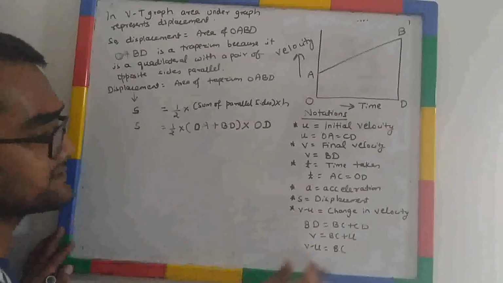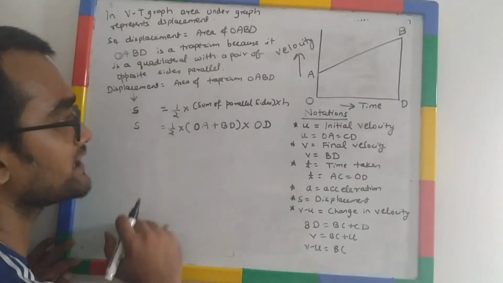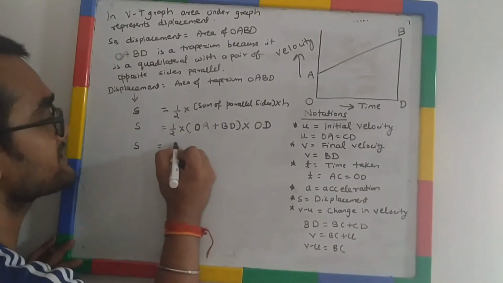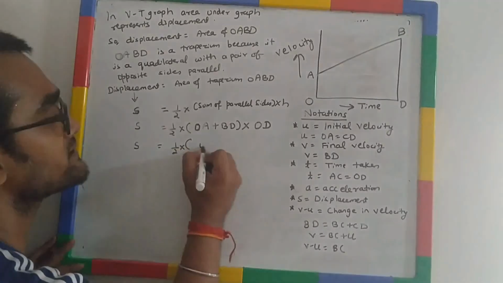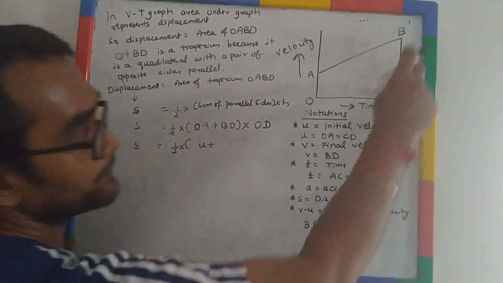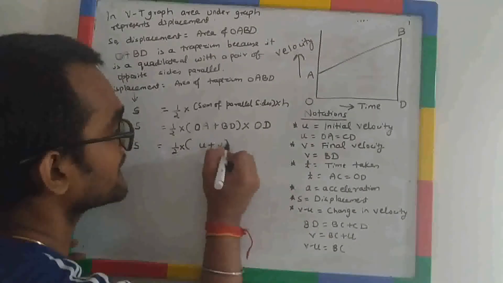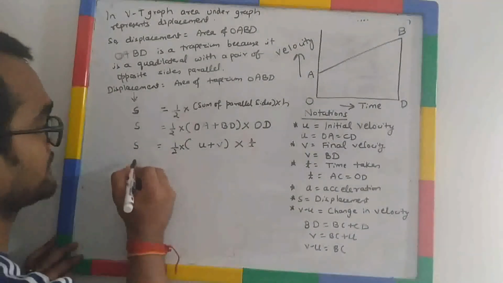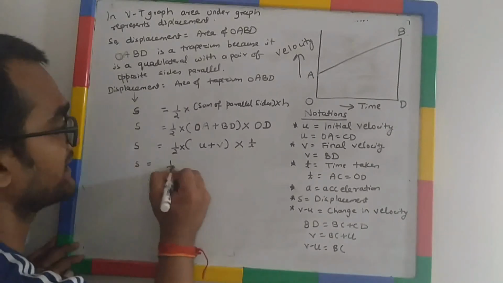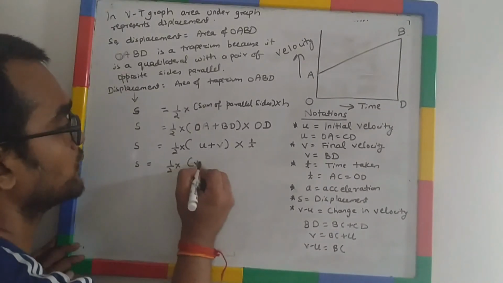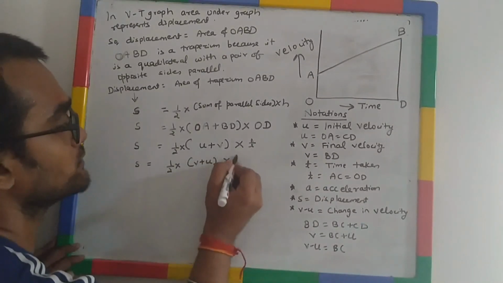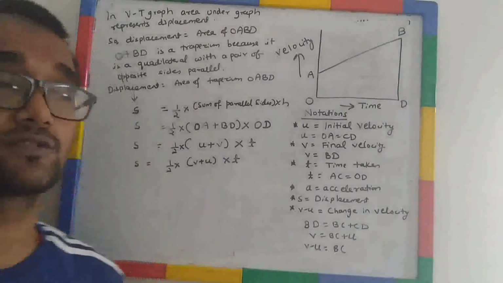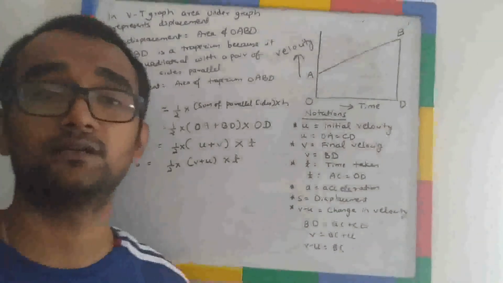Now, by inserting the values from the notations of OA, BD and OD, we get S equal to half into OA is u, BD is v and OD is t. So we can write it as half into v plus u into t. As I have told you earlier, in the third equation of motion, time factor is not included.